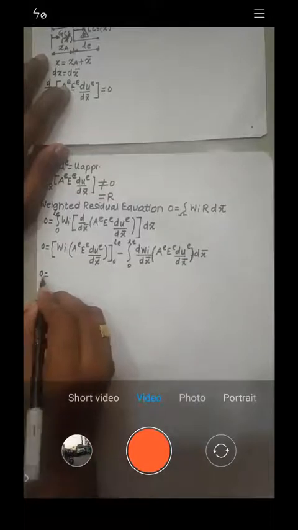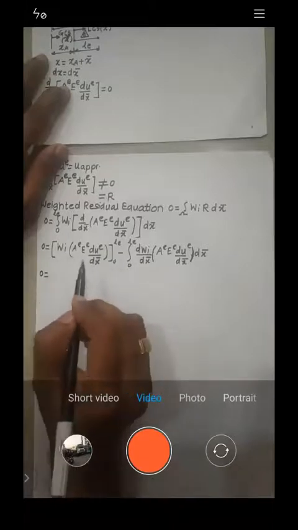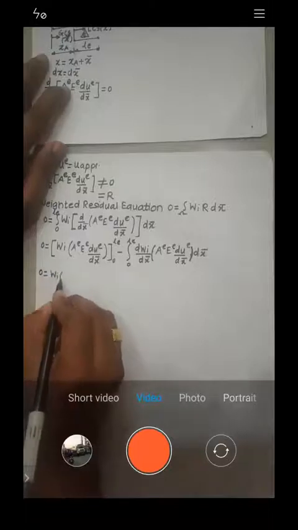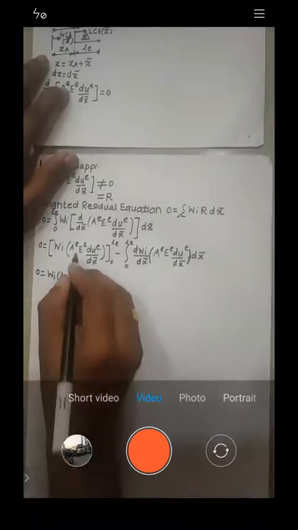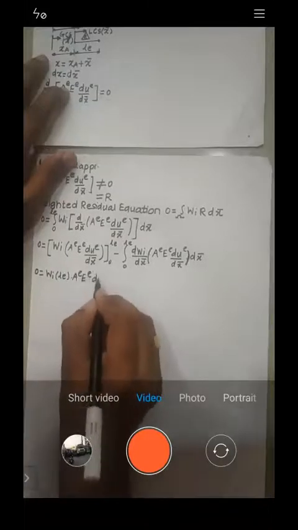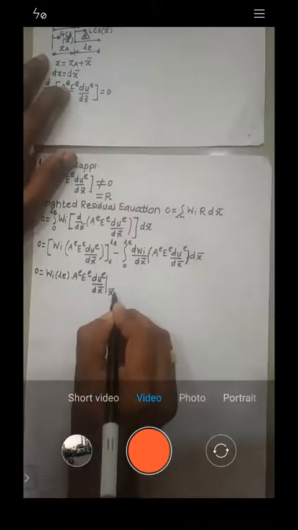Now you have integrated it, right? Now you need to give the limits. So how will you give the limit? 0 is equal to this when LE and this when LE, minus this when 0 and this when 0. So I will write down term by term: weight function at LE, into this term, that is AE EE dUE by dx bar when x bar is equal to LE.